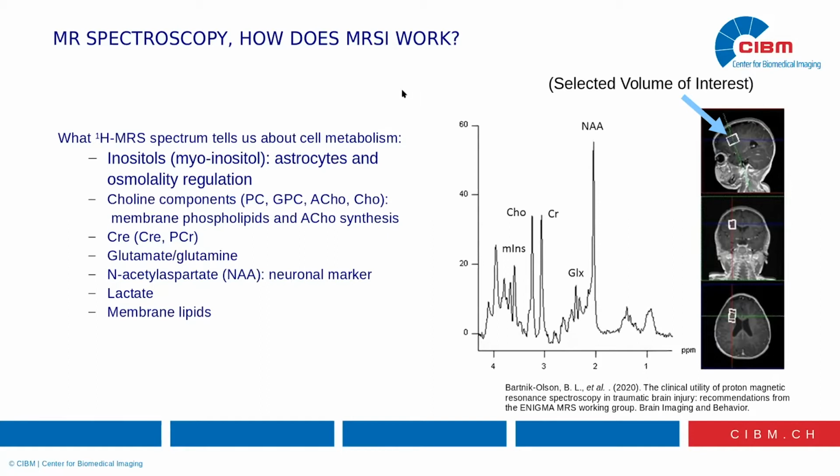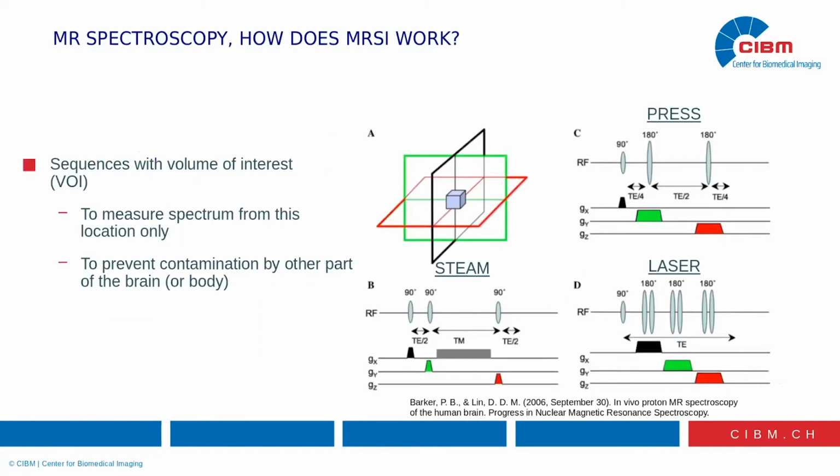So a single measurement like this for a small volume of interest really gives us kind of a molecular fingerprint of this region of interest and allows, for instance, to diagnose any disease of the metabolism in young children. Now, this volume of interest was selected typically in a slice selective way.